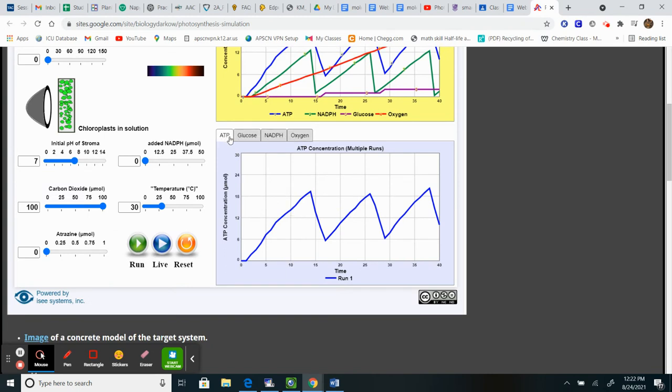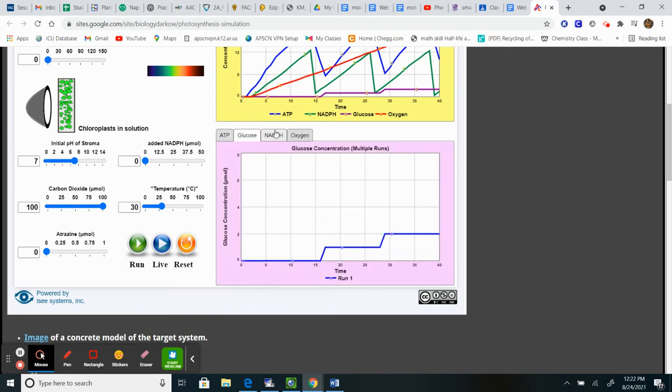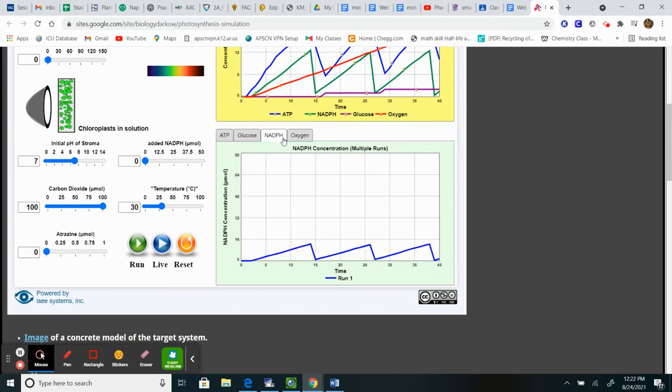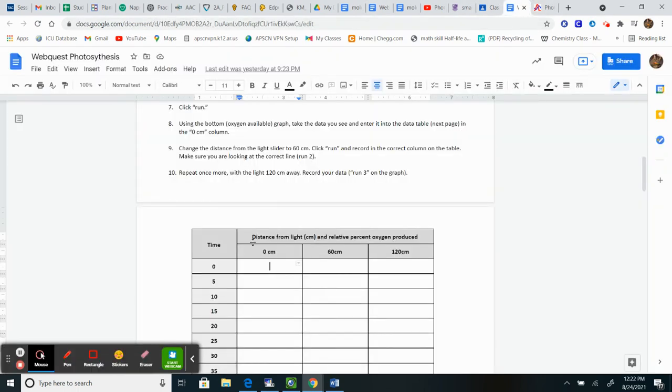So our first graph here is for ATP, then glucose, NADPH, and oxygen. So oxygen is our red graph. So this is for 0. 0 is 0. So we'll go back here and click 0.